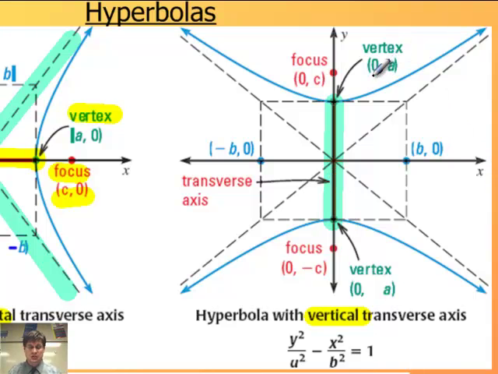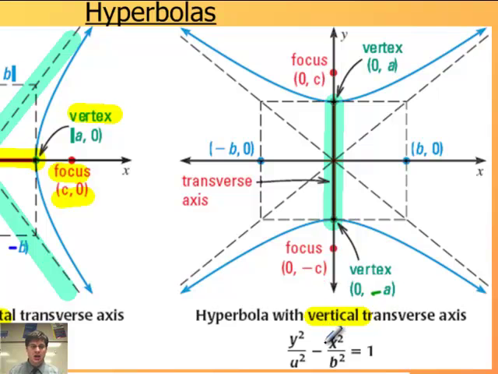And as we saw on the ellipse, the values here switch. So now my vertices are (0, a) and (0, negative a), respectively. And then my b values are (negative b, 0) and (b, 0), and then my foci are located here at (0, c) and (0, negative c).